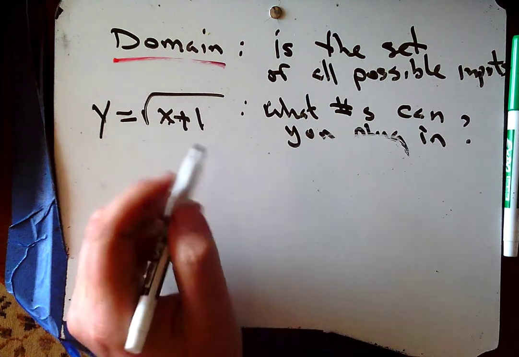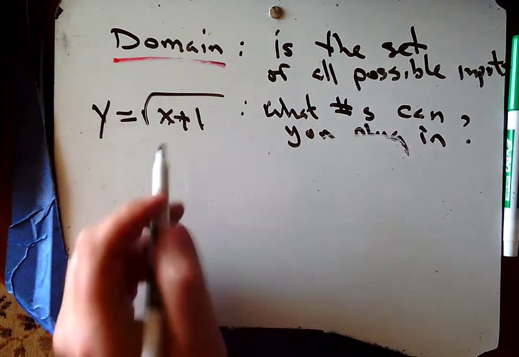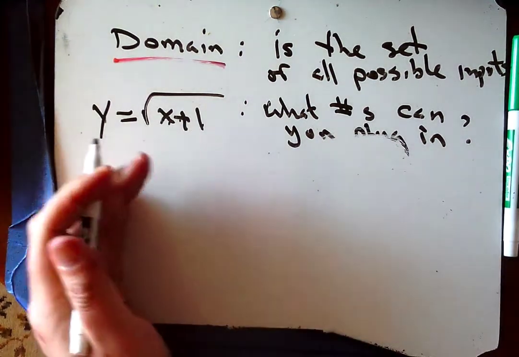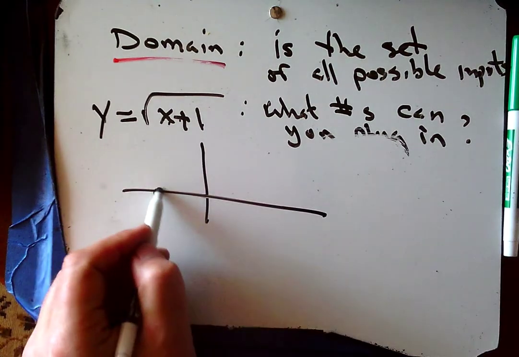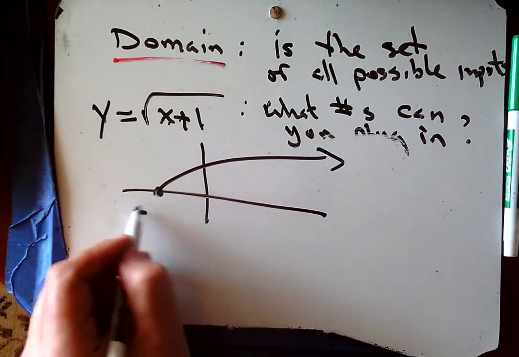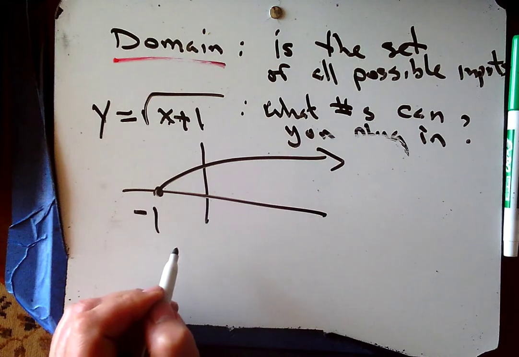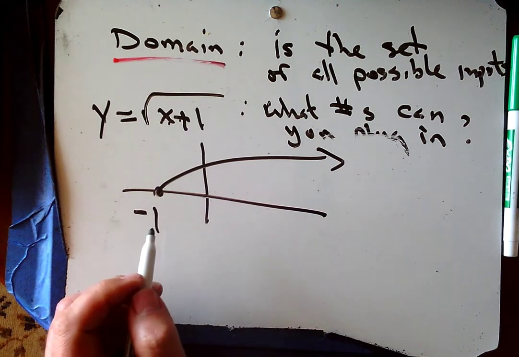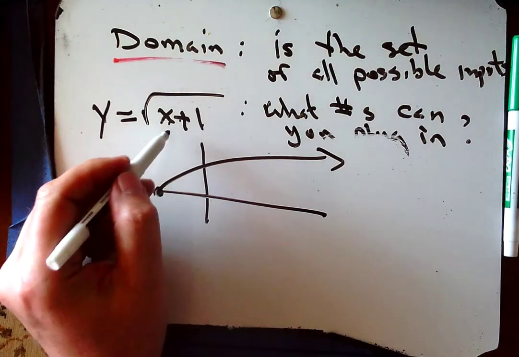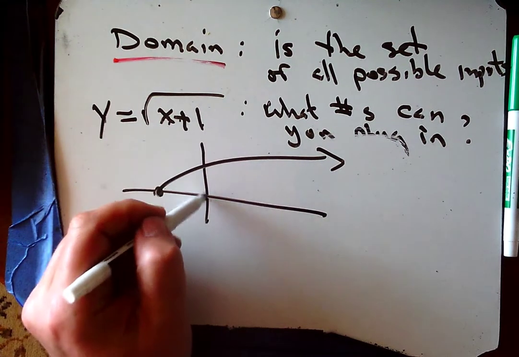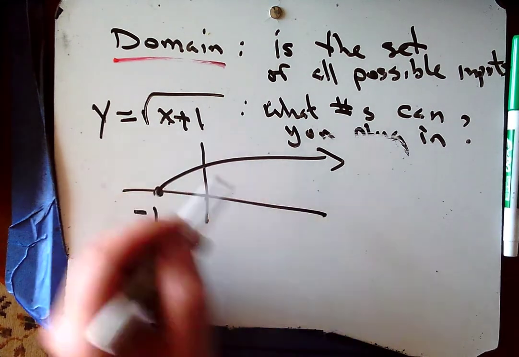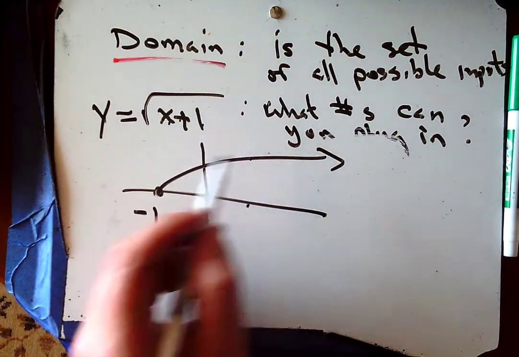Okay, so in this situation, I know from my transformations that I've shifted the graph left 1, and now my graph looks like this. So what would the domain be here? What are all the possible x values that I could plug in here? Well, I can plug in 0 and get this y value, and I can plug in 1 and get this y value.